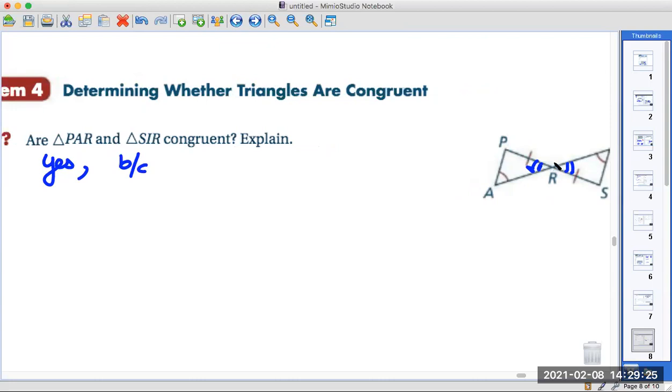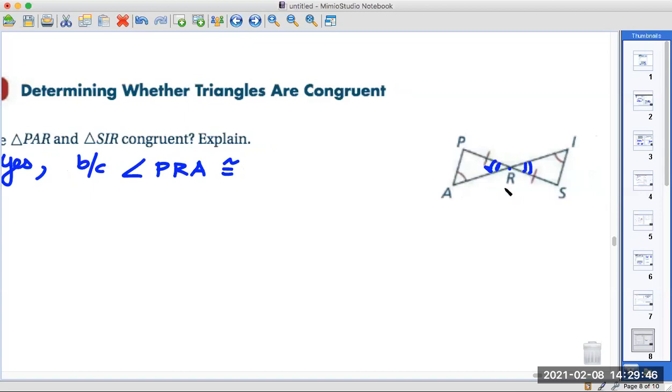So when there's an ambiguity, meaning you're not sure which angle R you're talking about, you got to use 3 letters. So we're going to use angle PRA. PRA is congruent to, what's the other one? IRS, angle IRS, because they're vertical angles.